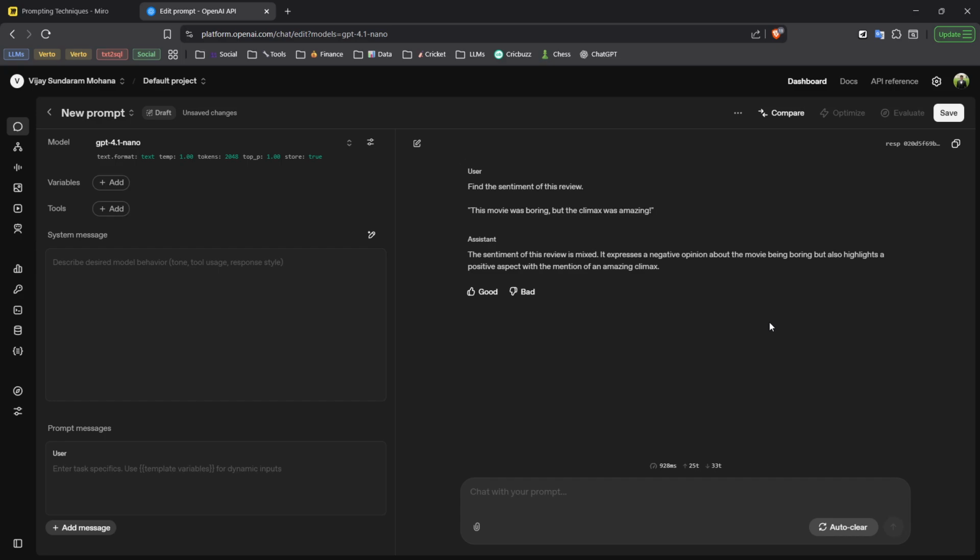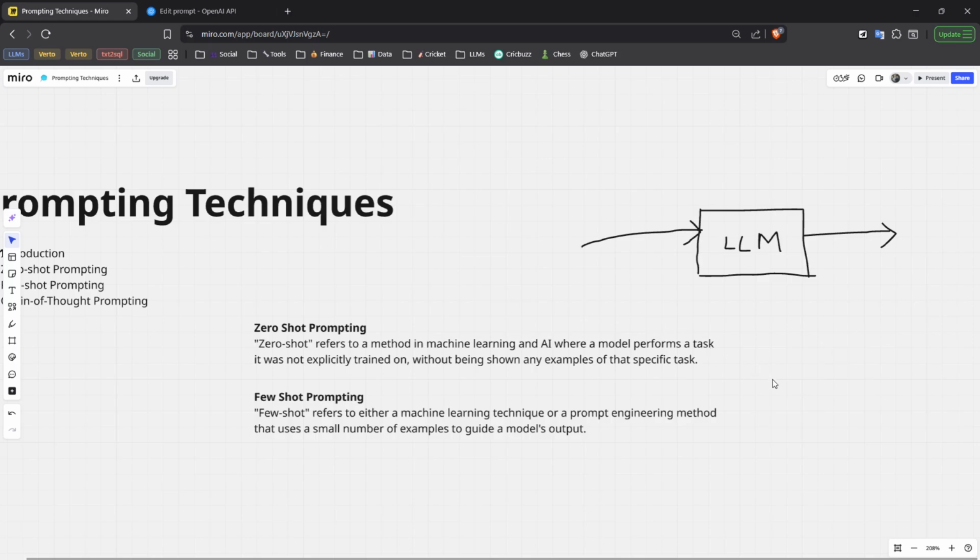Great, right? Now, sure, as a human, you'll think of a review as positive, negative, maybe mixed or neutral. But how did the model know this? I did not give it any specific example. So how did it know that this is what I intended it to perform? And that's because, like I mentioned in the previous video, LLMs are trained on large quantities of data.